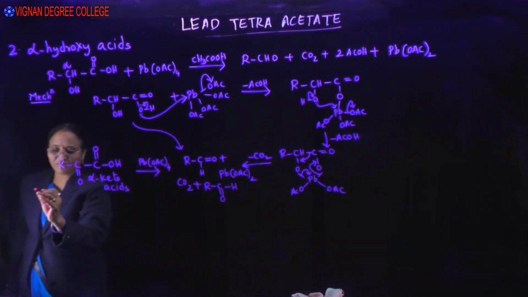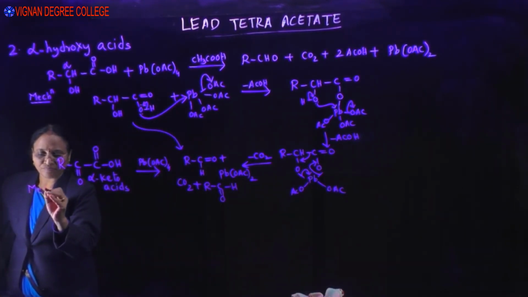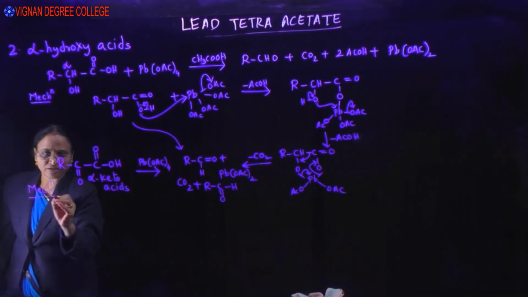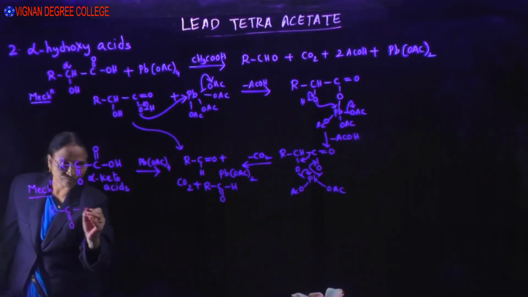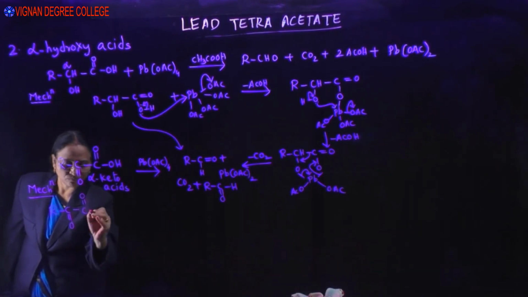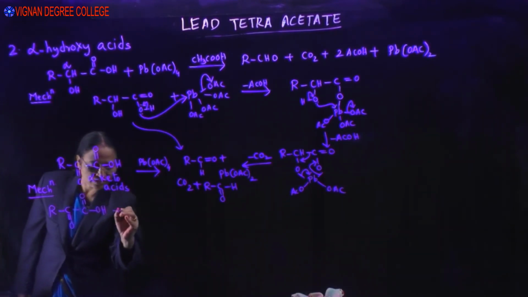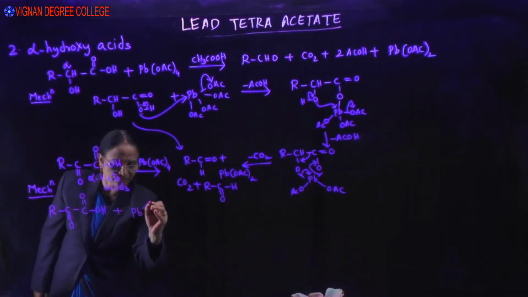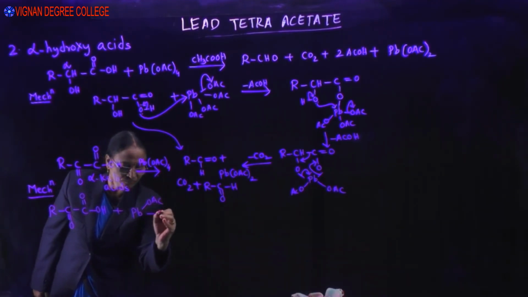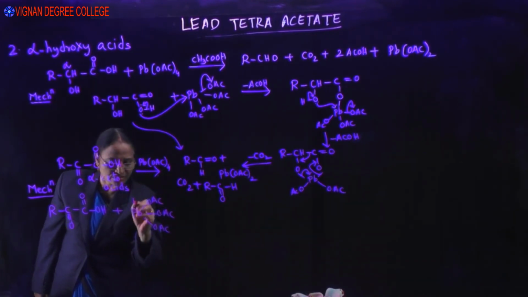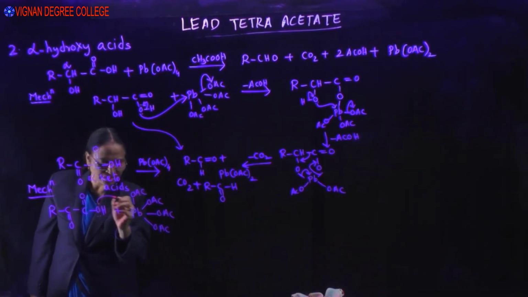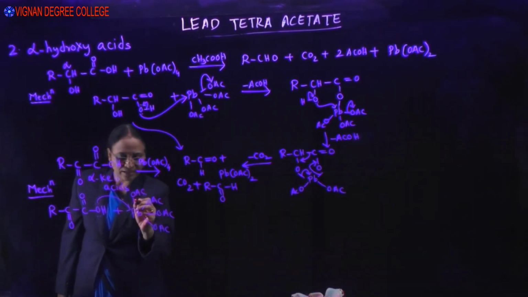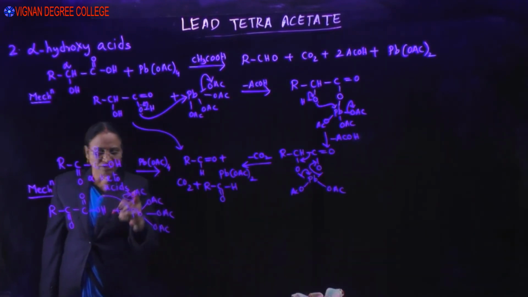The mechanism of the reaction can be given as, if you have a keto acid, this is reacting with lead tetraacetate. The lone pair of electrons present on oxygen attacks the lead, leading to the formation of an acid.